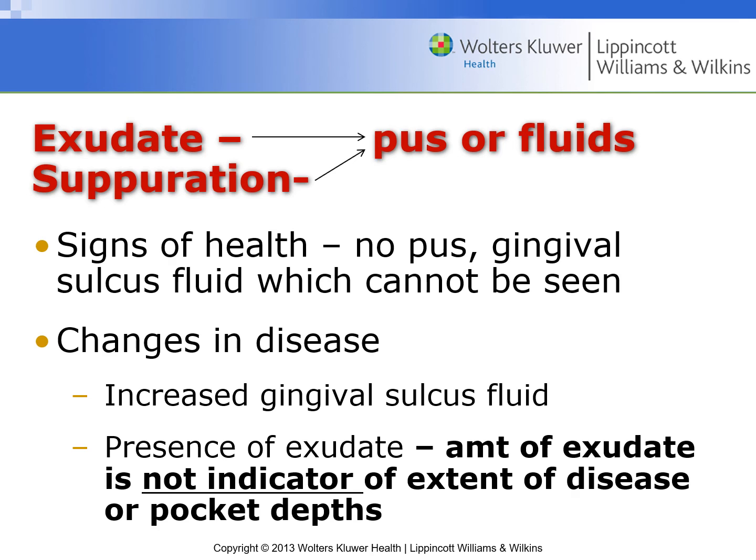There are slight differences, but for your purposes, they're pus or fluid filled. It's something on an unhealthy tooth or gingiva that we don't want. Signs of health are no pus, just gingival sulcus fluid, which cannot be seen. You don't want any of that either.